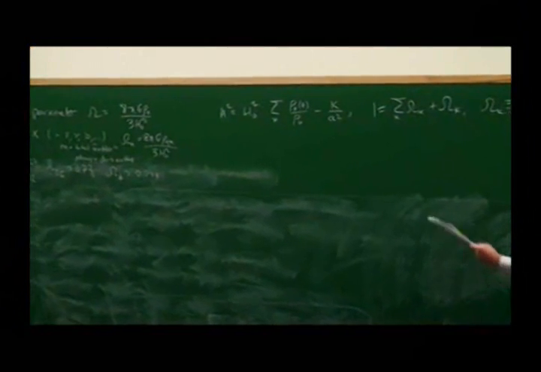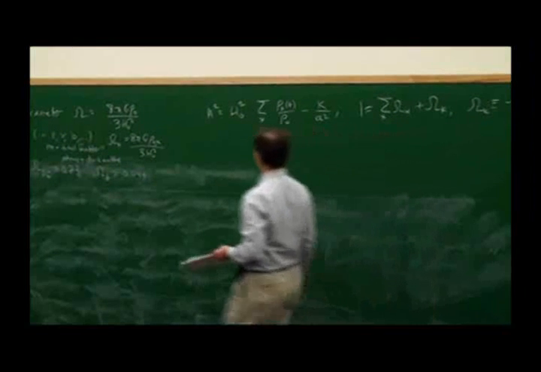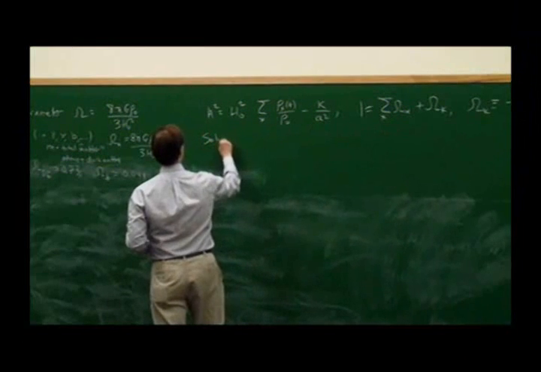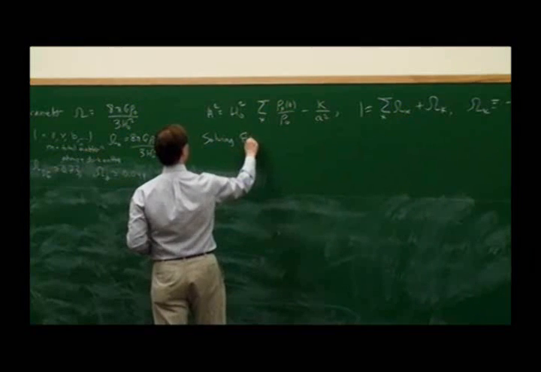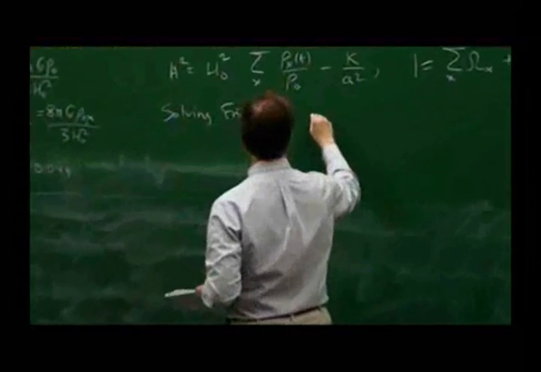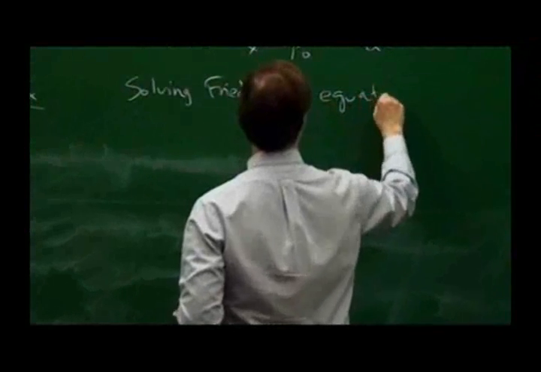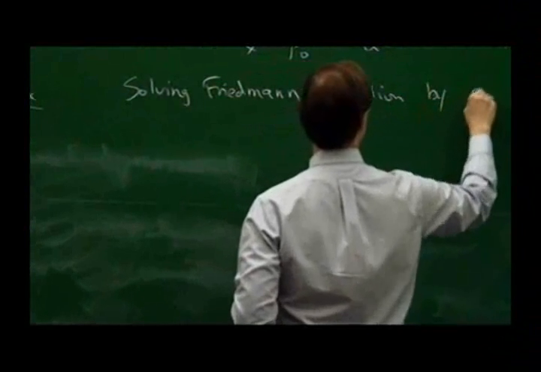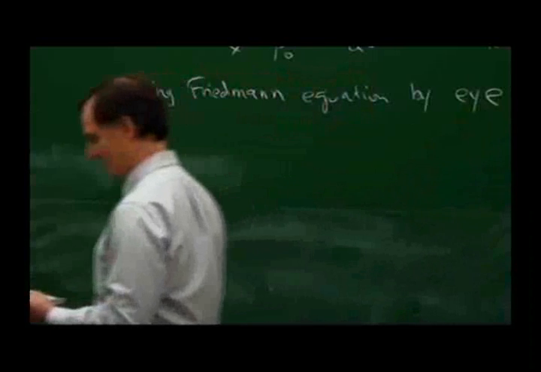Okay, I want to talk next about a graphical solution of the Friedmann equation. You can learn a lot by knowing how to look at your equations, solving it by heart.